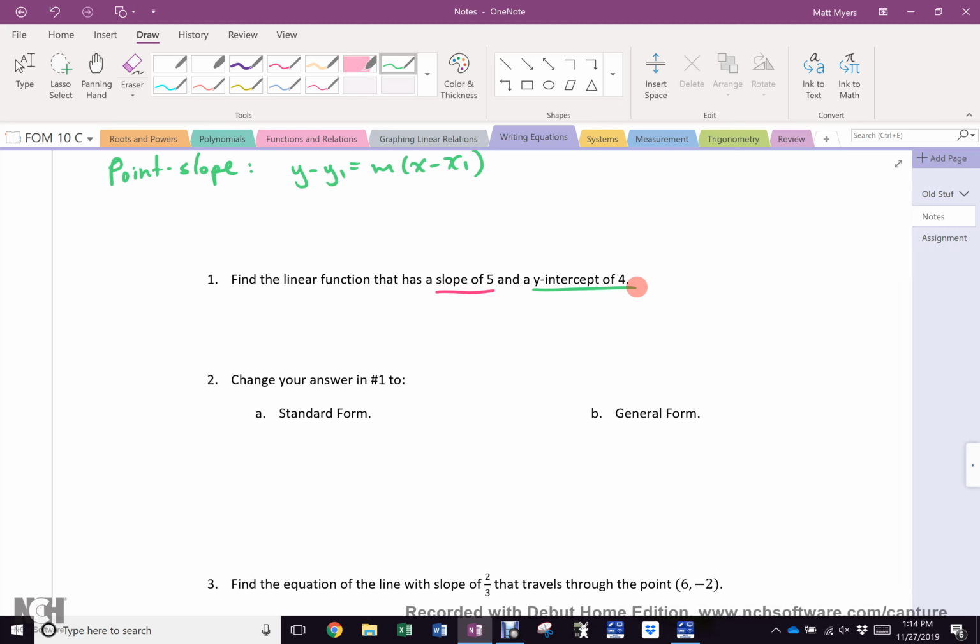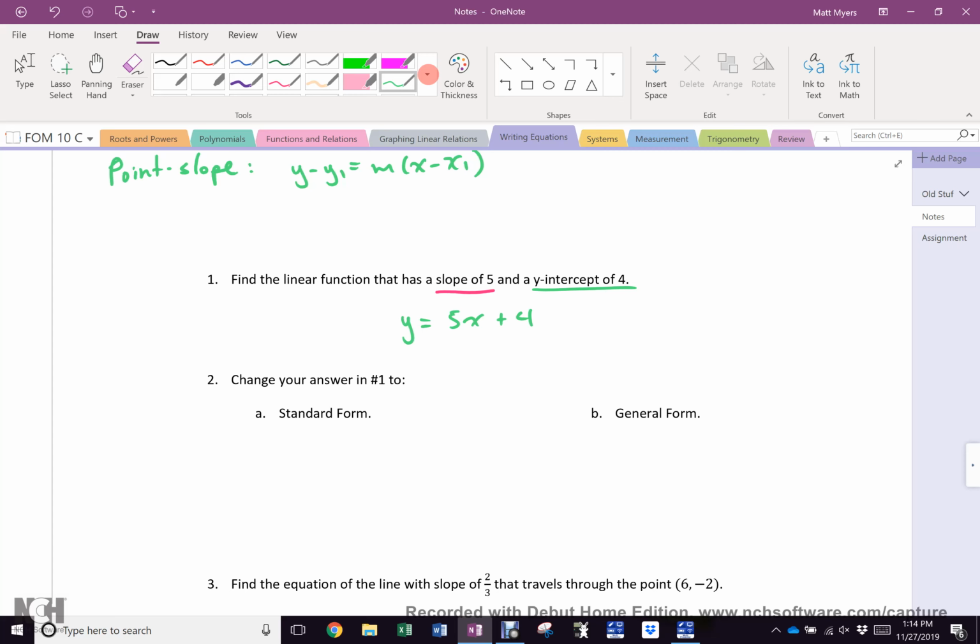I still didn't see everybody's pen move, but whatever. y equals 5x plus 4. All of you should already have written that down. Now, all I want to do, and again, this is strictly a math class thing, all right?